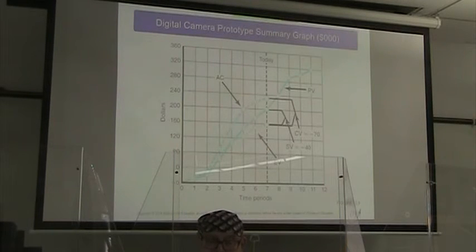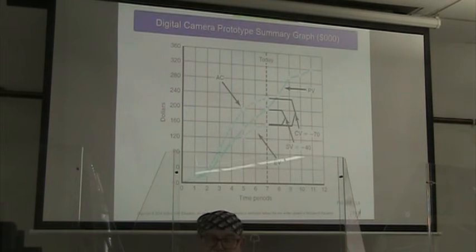So we're looking at this and we say, all right, here is our earned value, here's our actual cost, and here's our planned value.